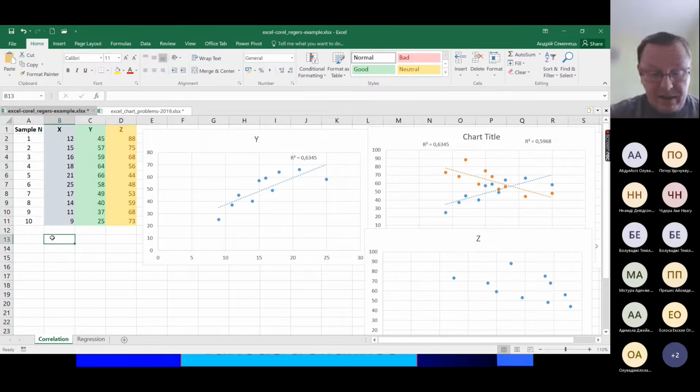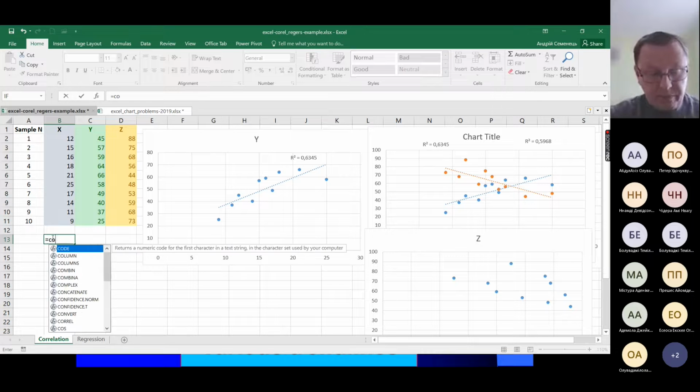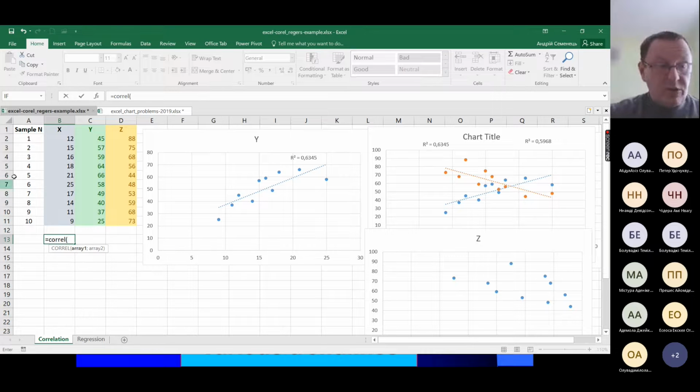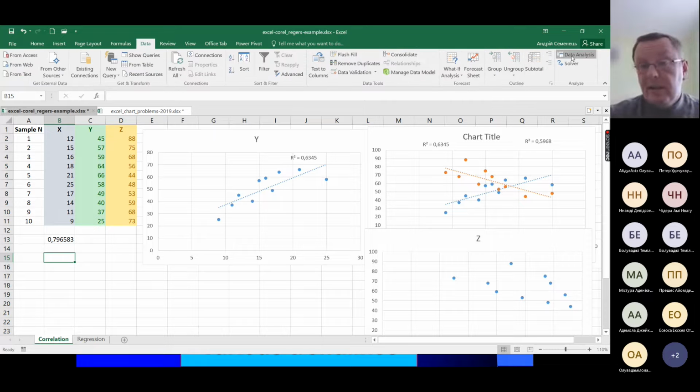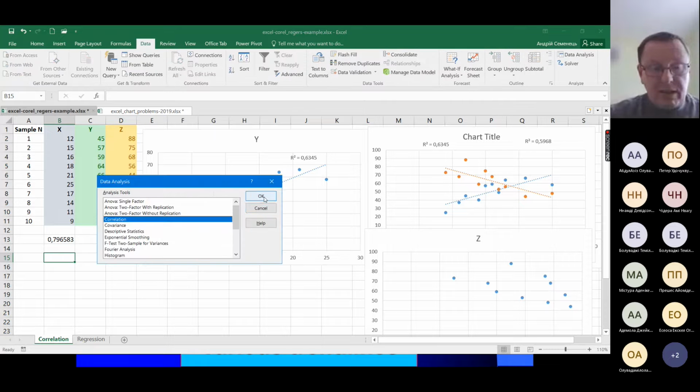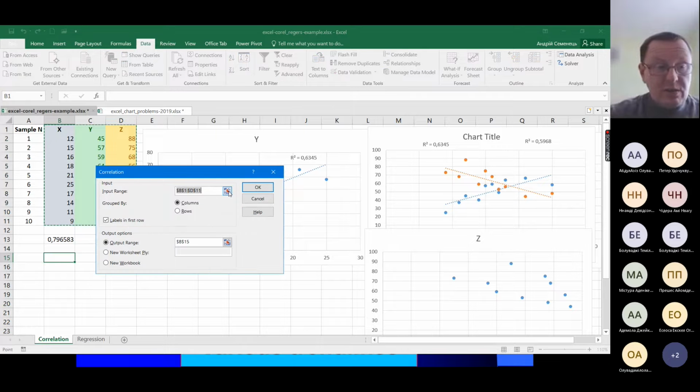And as I already said, the CORREL function is extremely easy to use. I just have to provide 2 variable ranges and I will get my value. It's exactly the same way I calculate correlation analysis via the Data Analysis toolbox.